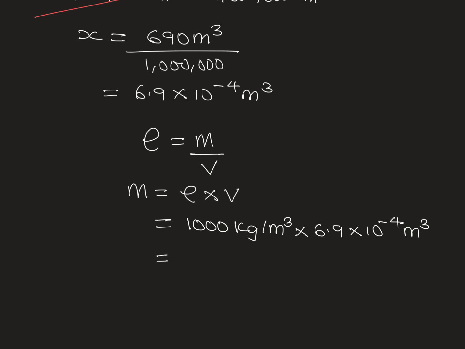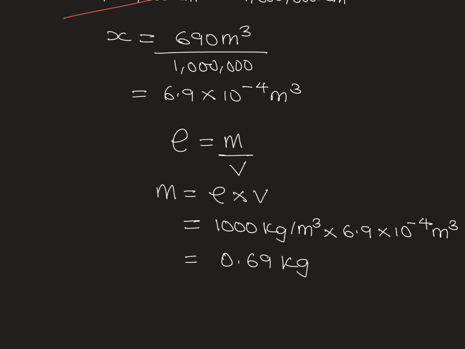When you do that calculation, 1000 times 6.9 times 10 to the power negative 4, we will have 0.69 kilograms. This was the mass of water that we are dealing with.